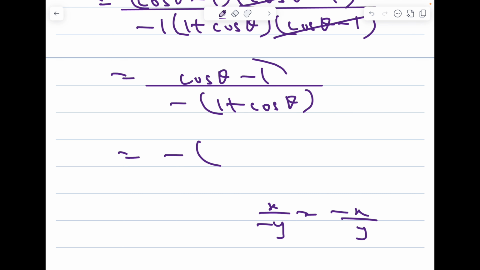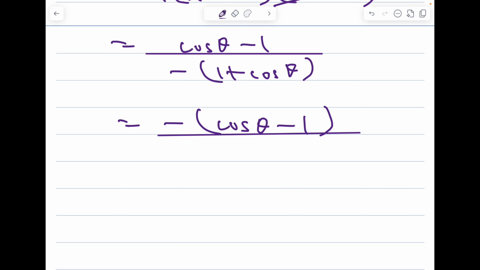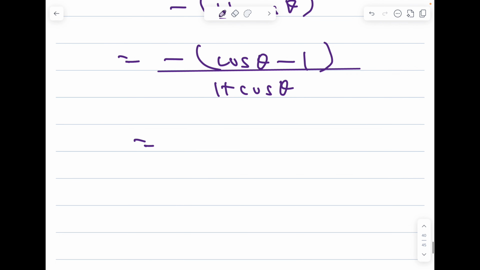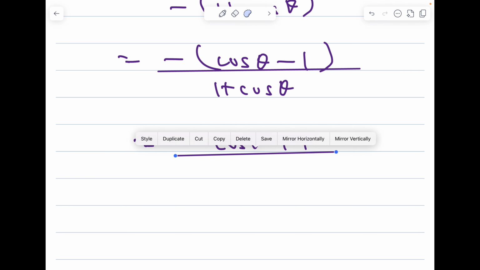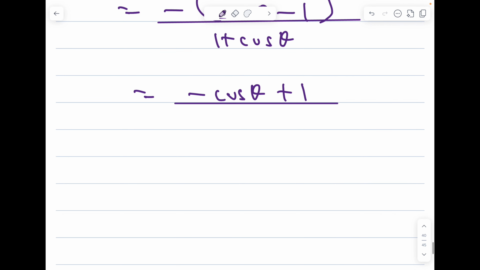So this will become minus into bracket cos theta minus 1 all over 1 plus cos theta, and that is equal to minus cos theta plus 1 over 1 plus cos theta.